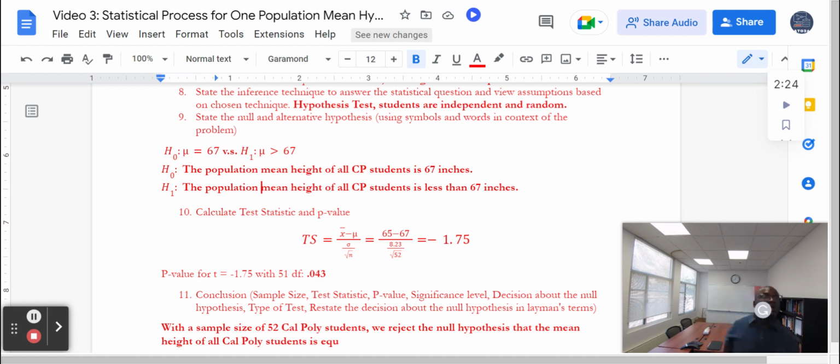With that being said, that's not that much evidence to reject the null hypothesis. I'm not convinced. So with a sample size of 52 Cal Poly students, we would reject it, but it's not a strong rejection. We have a little bit of evidence to reject it, but not a lot.